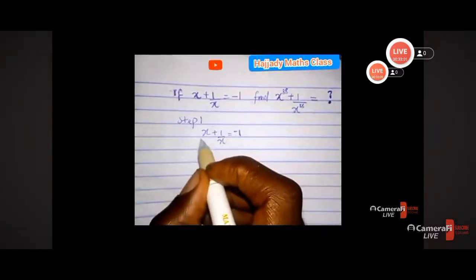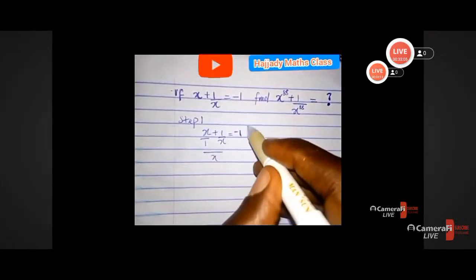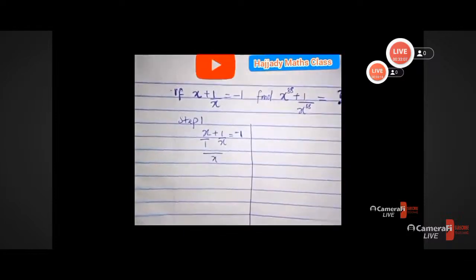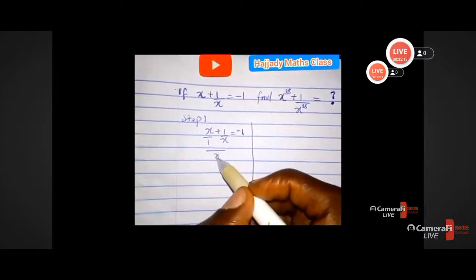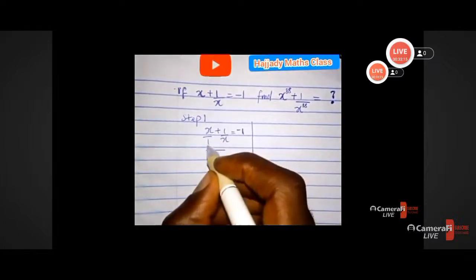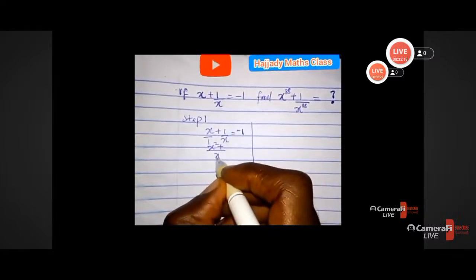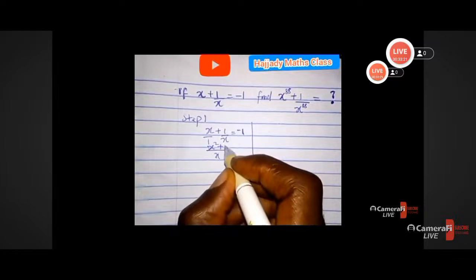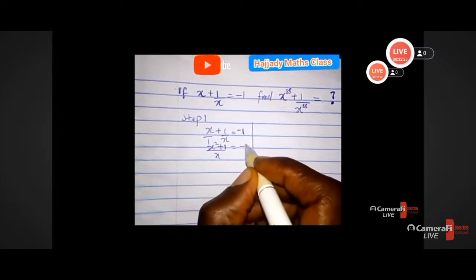Now finding the LCM of these, we have the LCM to be x. Finding the LCM of these, x in x is x, multiplied by this, we have x squared. x in x is 1, multiplied by 1, we have 1, equals minus 1.